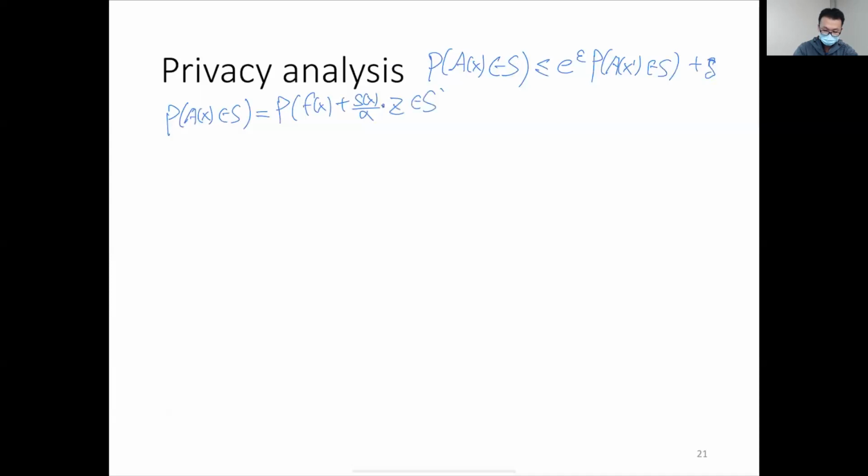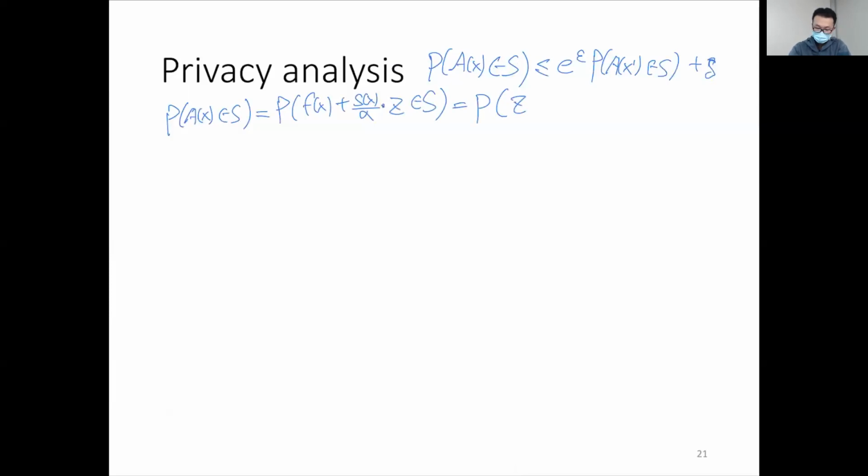So this belongs to this set S, and we can move things around by writing this as a set about this noise vector z.